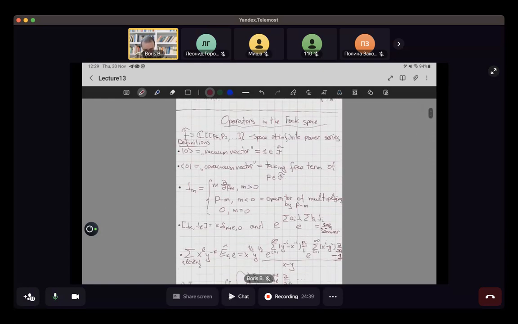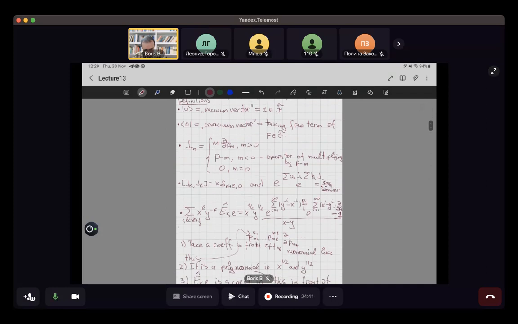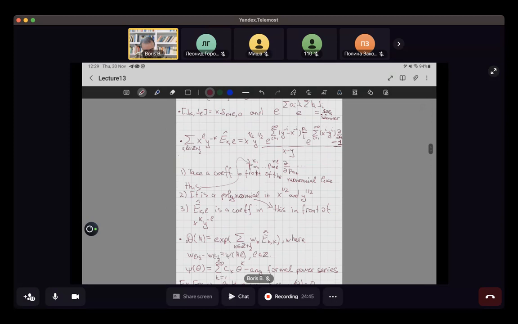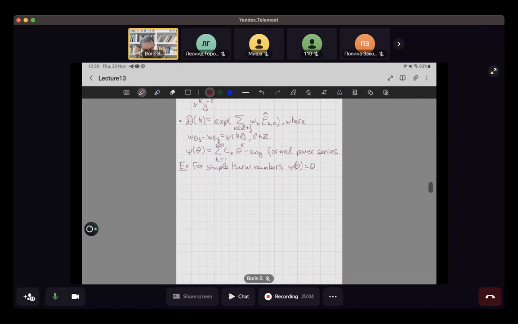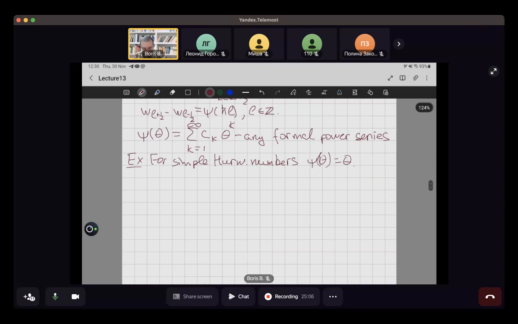We have this vacuum and covacuum, and we have this J, and we have this formula for E hat, and from this E_kl I construct this operator D, and let me write one more statement about this D.